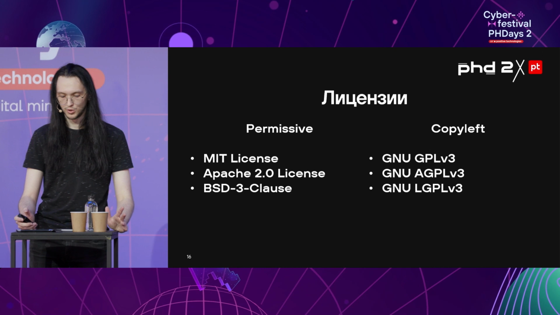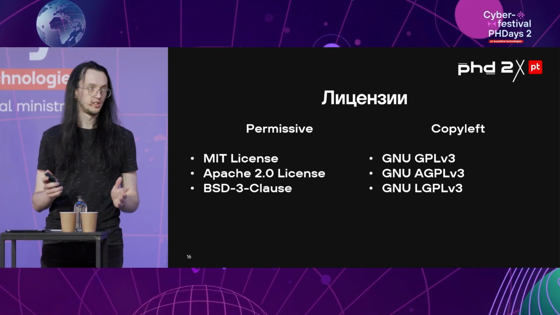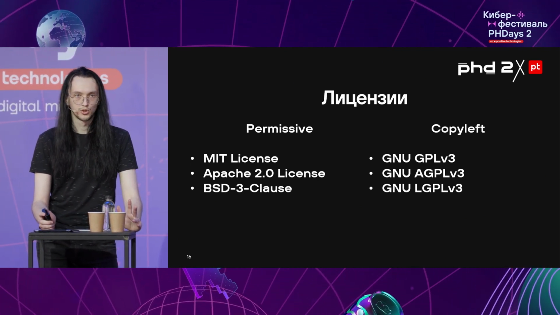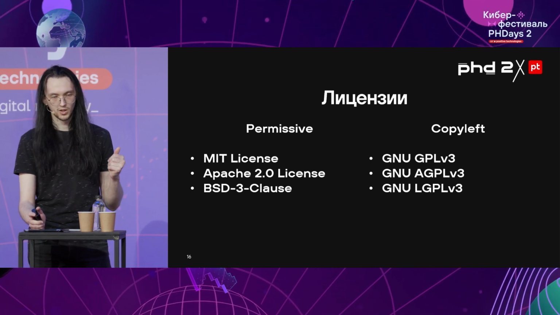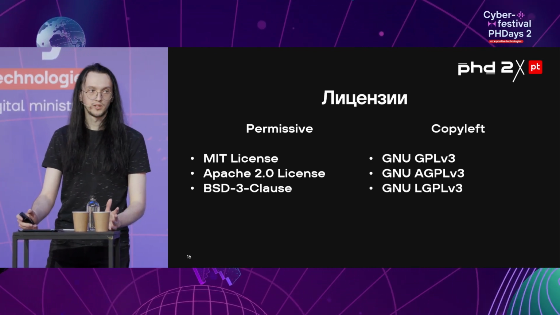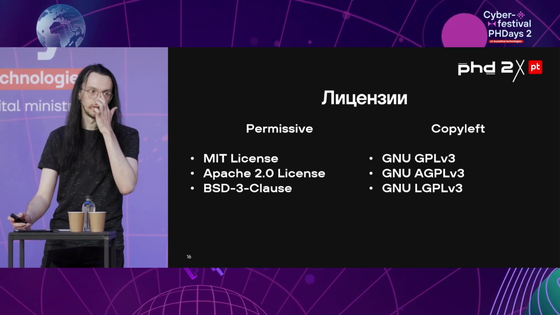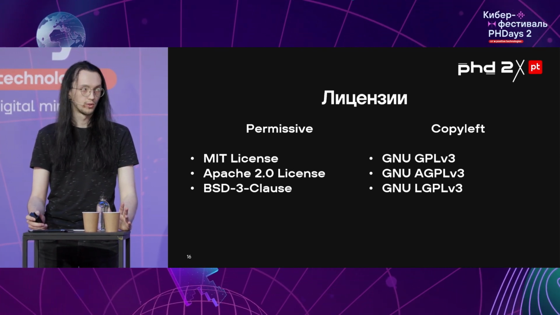Let's go back to open source. Let's discuss licenses. A license is needed to protect the developer from user actions. And you have two options in open source, either a permissive license or copyleft. A permissive license is one that provides the full freedoms, and that's it.